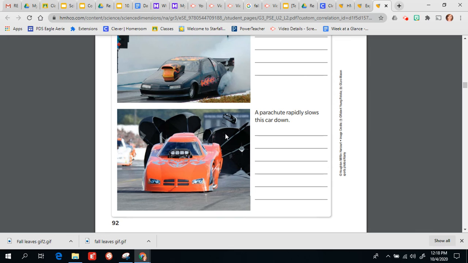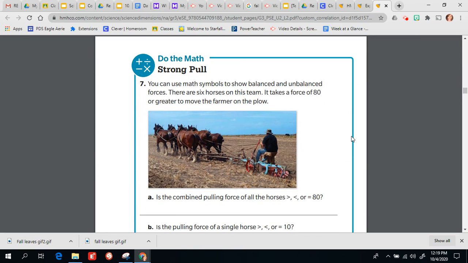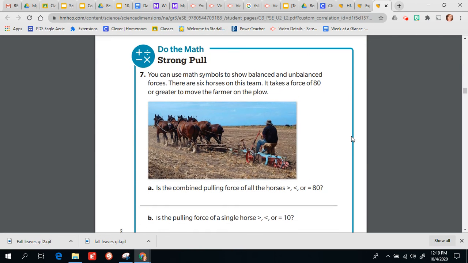On the next picture, it says a parachute rapidly, meaning very fast, slows this car down. What happens to the force? Write your answers on the lines beside the picture. When you're ready, turn to page 93.